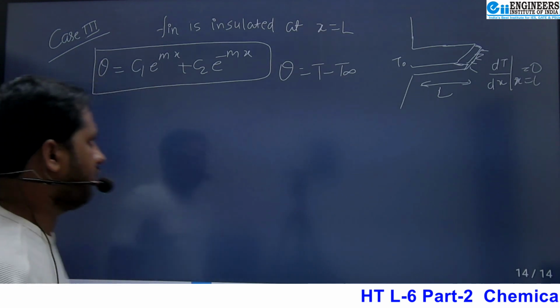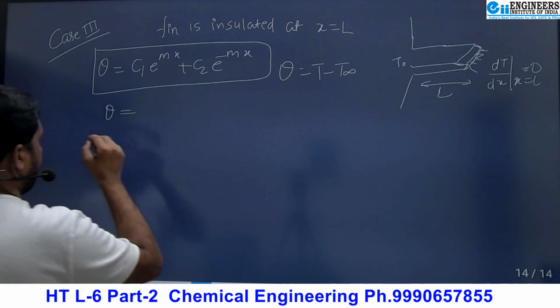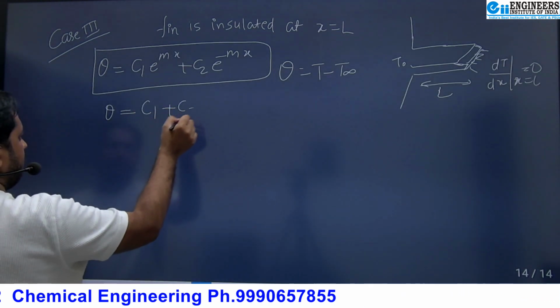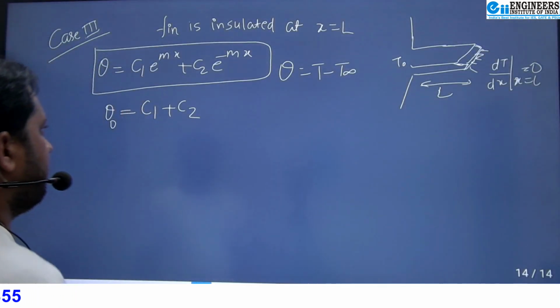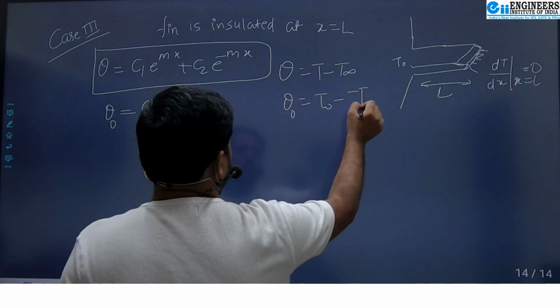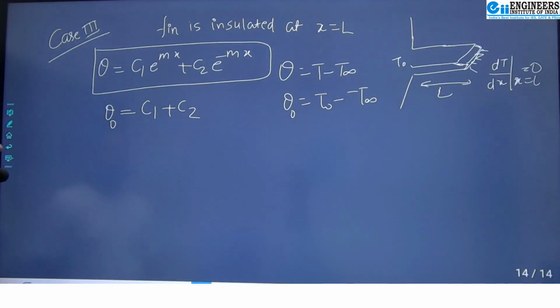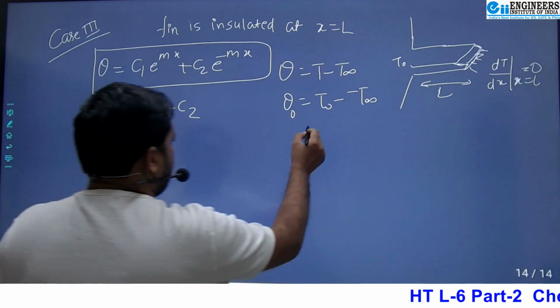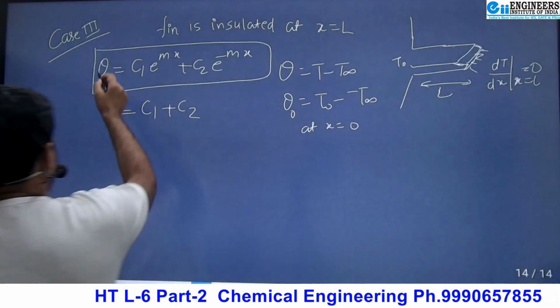So at x equal to 0, temperature is T naught, and we get theta naught equal to C1 plus C2, where theta naught is T naught minus T infinity. Because theta is theta naught at x equal to 0, we put x equal to 0 and the temperature as theta naught.